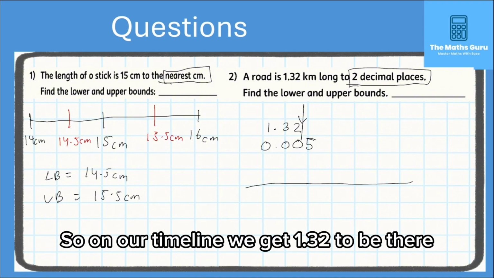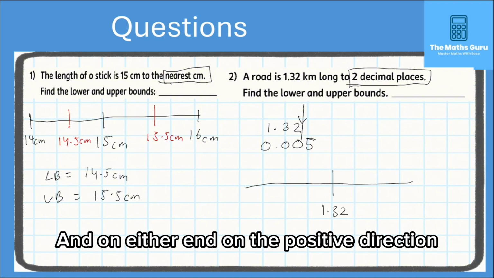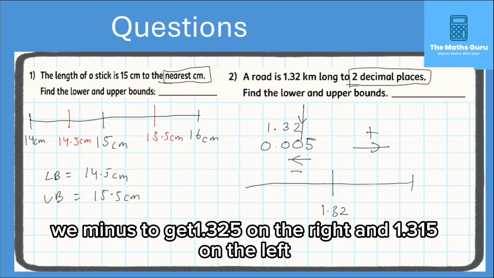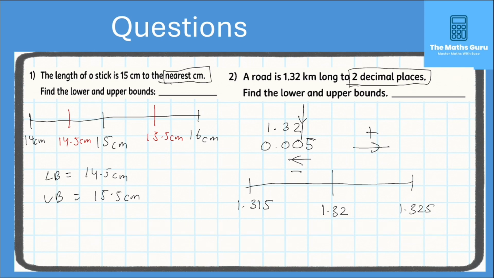So on our timeline, we get 1.32 to be there, and on either end, in the positive direction, we add, in the left hand side direction, we minus to get 1.325 on the right and 1.315 on the left.